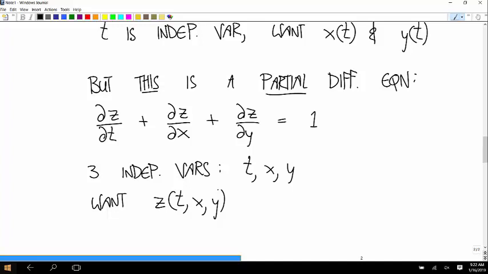Okay. So the difference between those two things is, are we looking for functions or a function of one variable? Or are we looking for functions or a function of multiple variables? And you can tell what you have based on what you're taking derivatives with respect to. If you're taking derivatives with respect to a single thing, it's an ordinary differential equation.